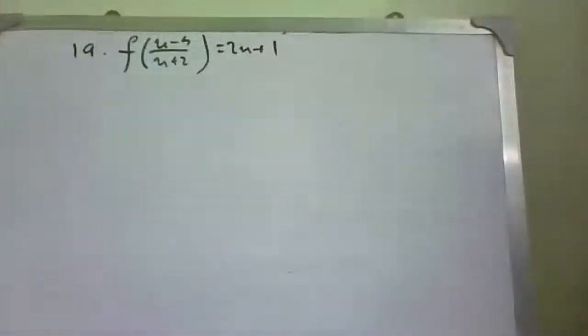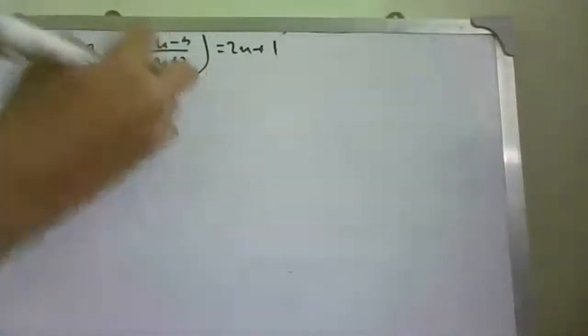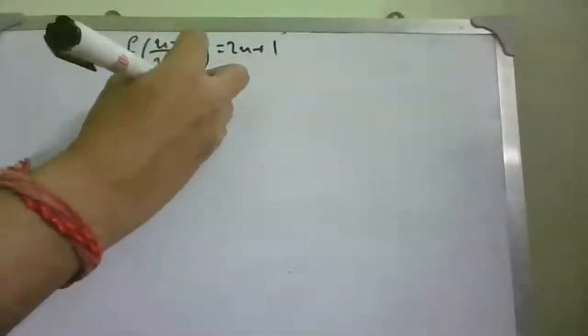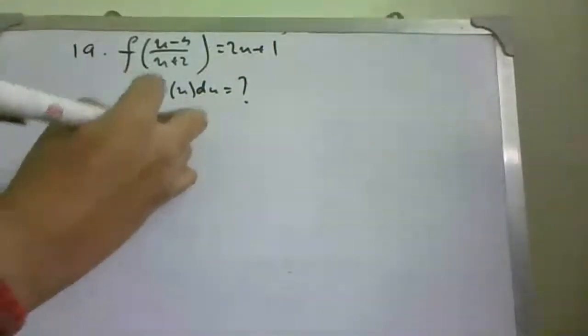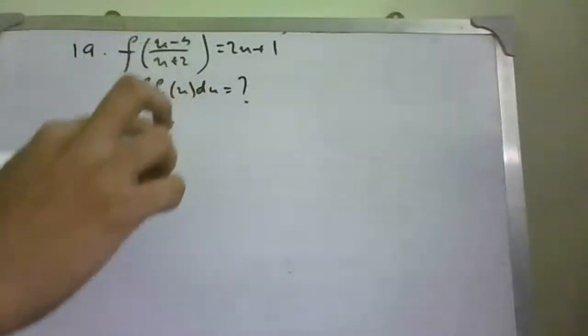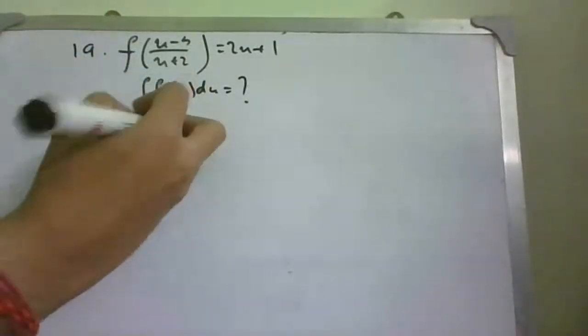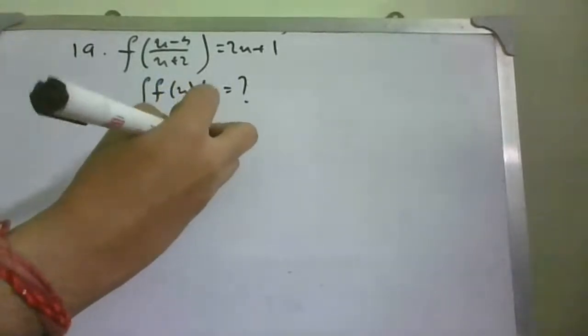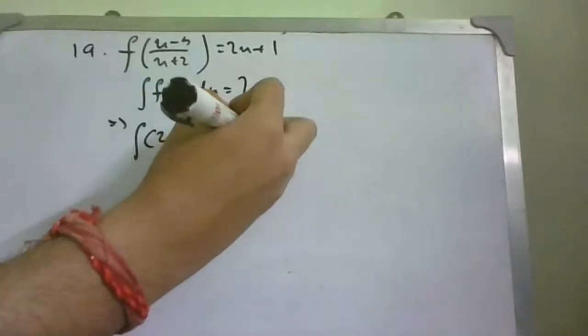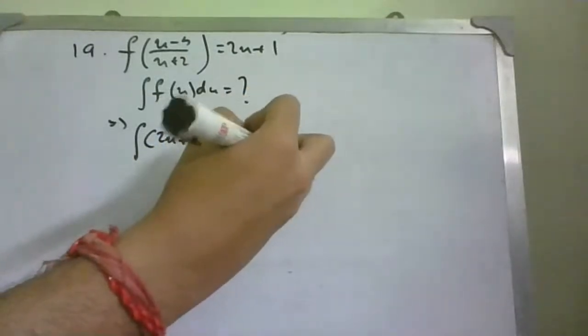We need to find the integral of f of x dx. So basically the same thing: f of x minus 4 over x plus 2. So we can write it like 2x plus 1 and d of (x minus 4) by (x plus 2).